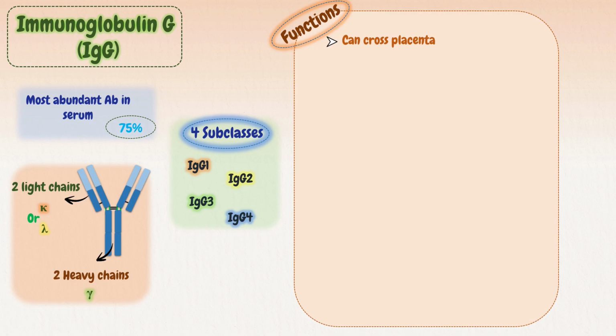Some important functions of IgG include: it is the only class of immunoglobulin capable of crossing the placenta. Consequently, it provides some degree of immune protection to the developing fetus. Among its subclasses, only IgG3 and IgG4 can cross the placenta.